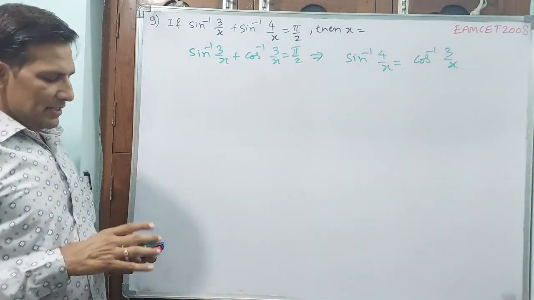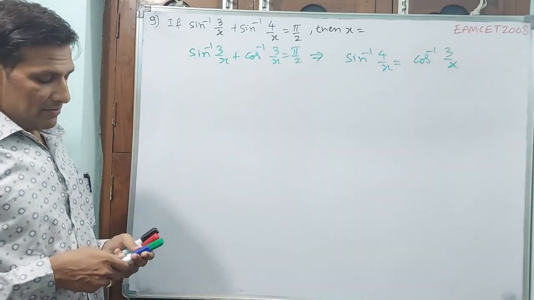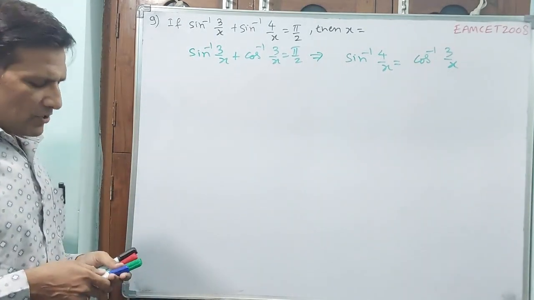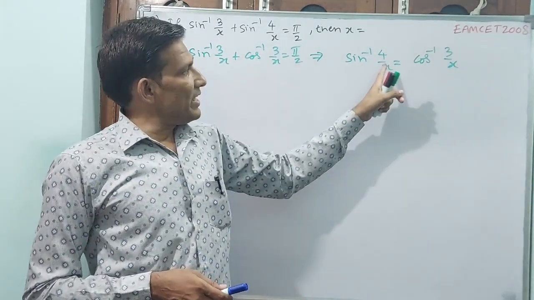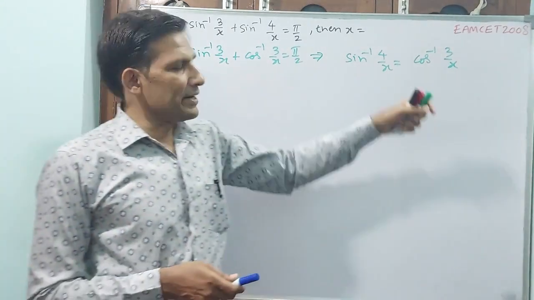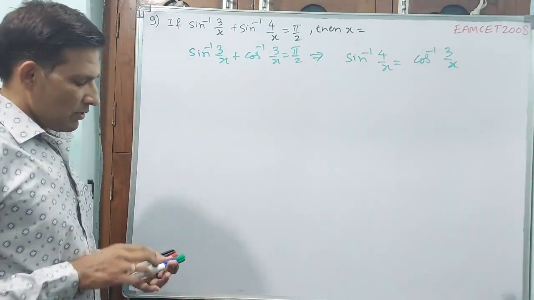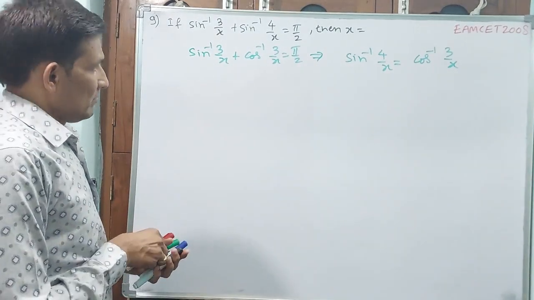Now we have to see how to do it. Let us proceed further. See, this you take as a, both you can take as a. Why? Because both are equal. See how I am taking now.